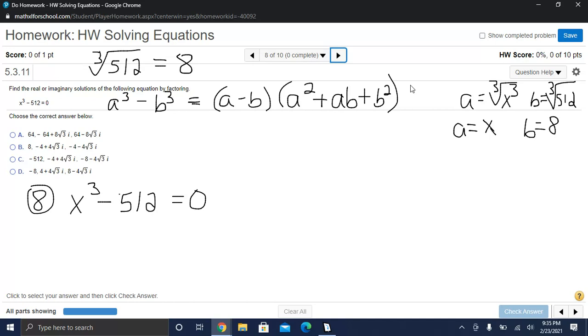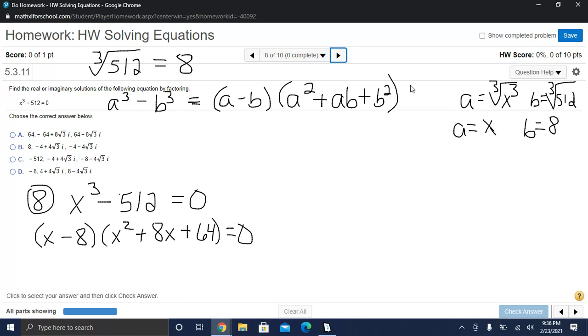So I can substitute into my formula. So it says a minus b, that's going to be x minus 8. And then another parentheses says to take the x and square it, plus then take the a times the b. We would probably write that as 8x, and then plus the b squared. So 8 times 8, 64, equals 0.